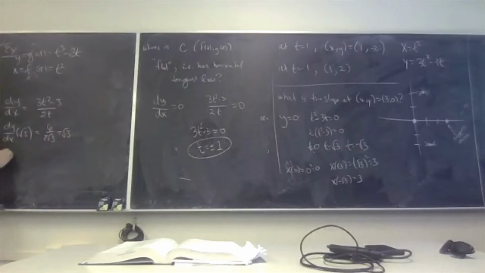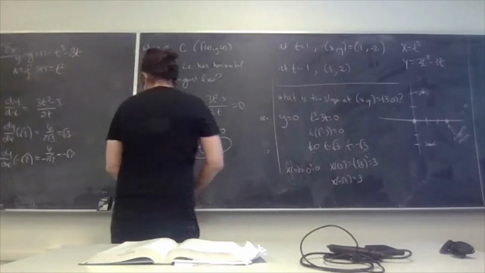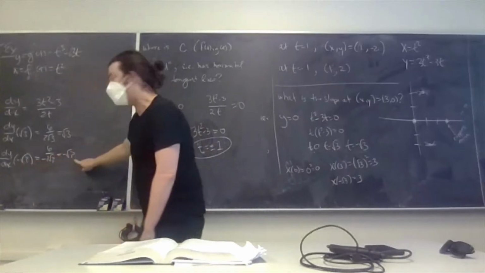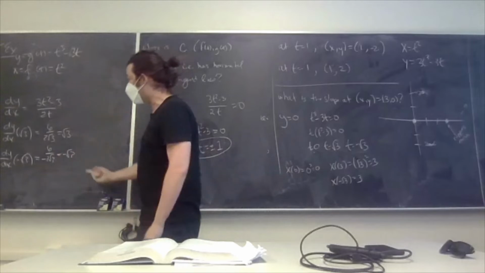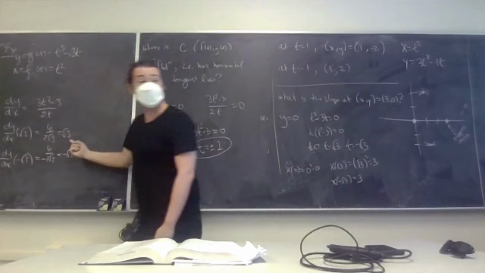And dy/dx of minus √3 is going to be 6 over negative 2√3, which is minus √3. So we're computing slopes now, not points, but slopes. That means as I come through this point at negative √3 seconds, my slope is negative, and then I do whatever I'm doing, and when I get back there again, when t is equal to positive √3, my slope is positive √3.